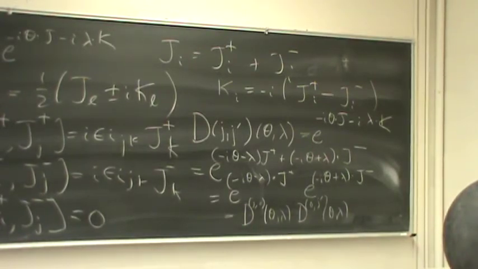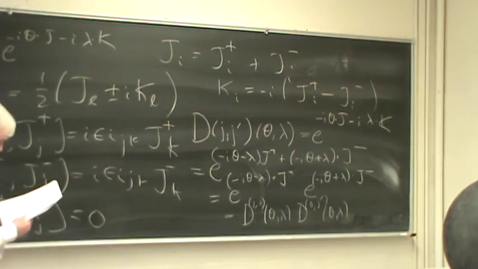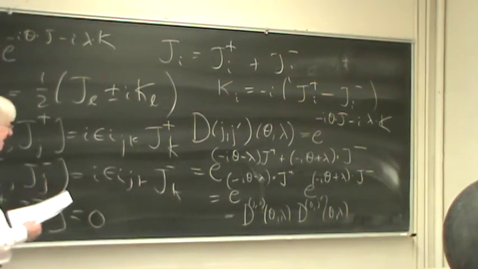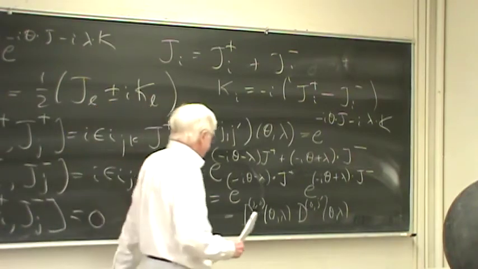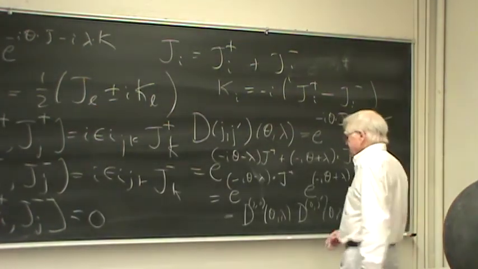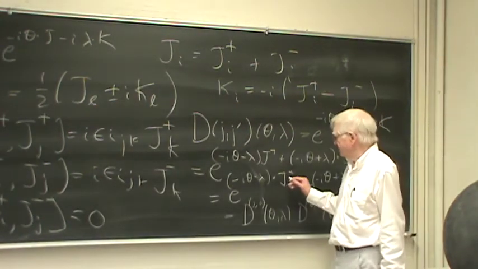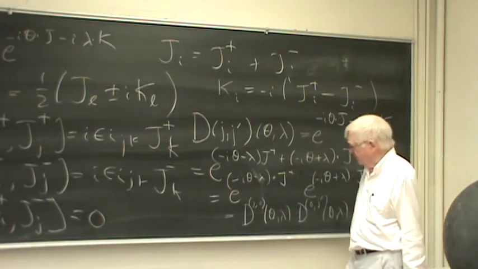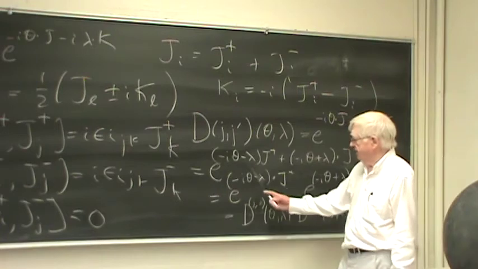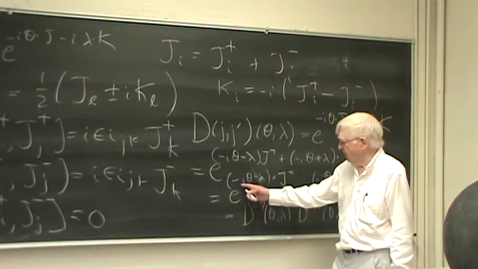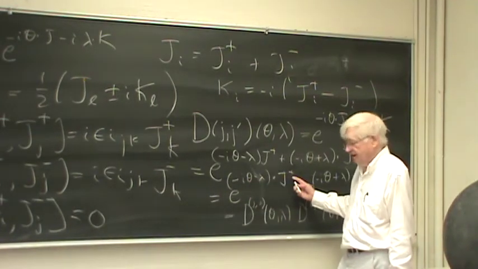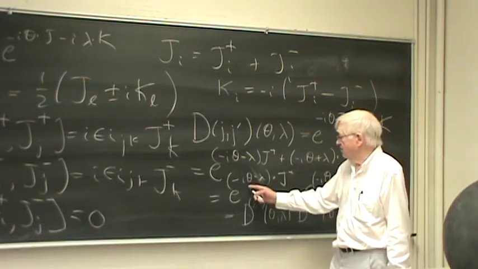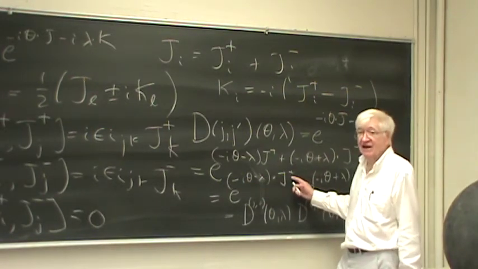Okay, so we're basically out of time. So the J's obey the representations of the rotation group, but whereas this part, minus i theta dot J, is unitary, minus lambda dot J is not unitary.